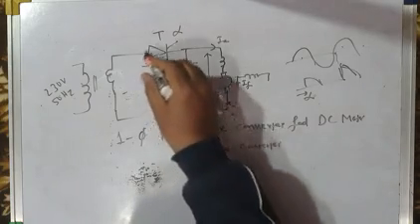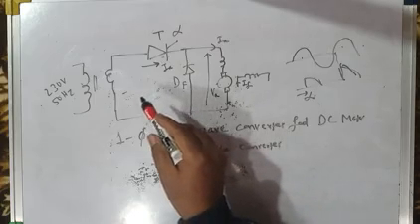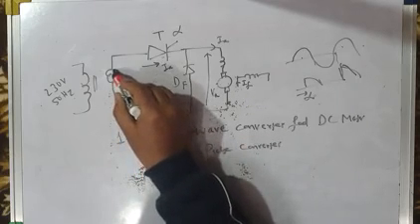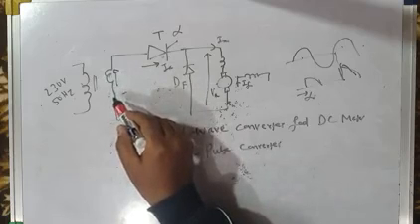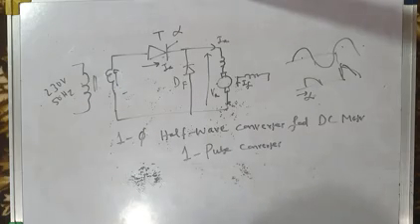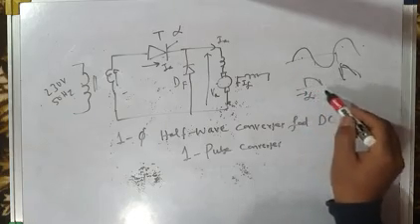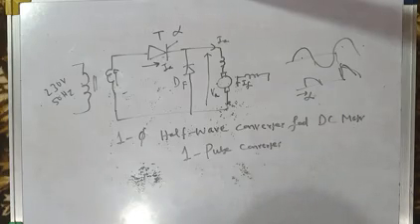The main drawback of this type of converter, the half wave converter, is that it results in the flow of DC. There will be a strong DC component of current flowing in the transformer secondary as well as the transformer primary. That will result in deep saturation of the transformer core and higher losses in the transformer. Another drawback is that since you are rectifying only the positive half cycles, the average output voltage obtained is less.